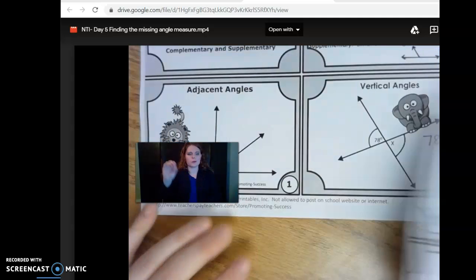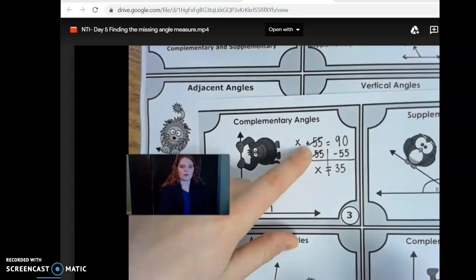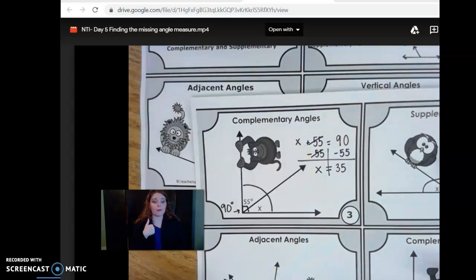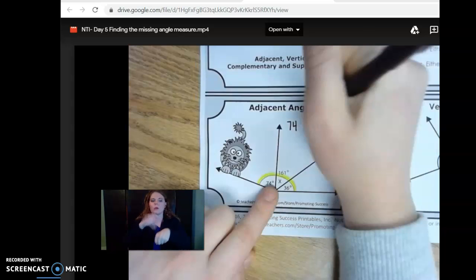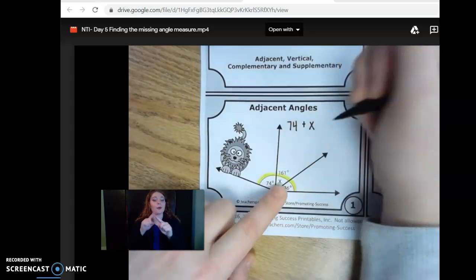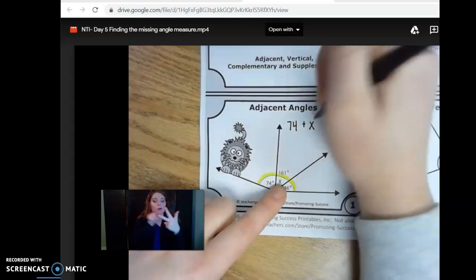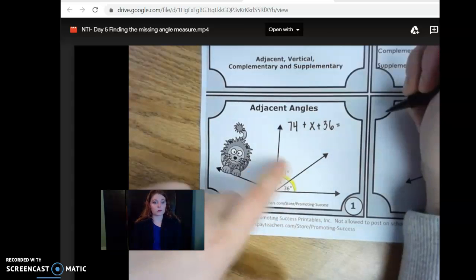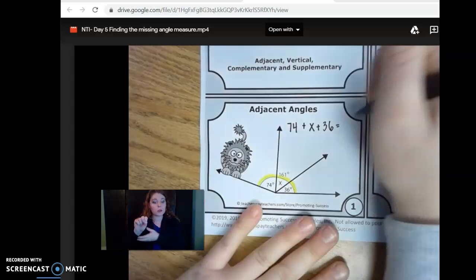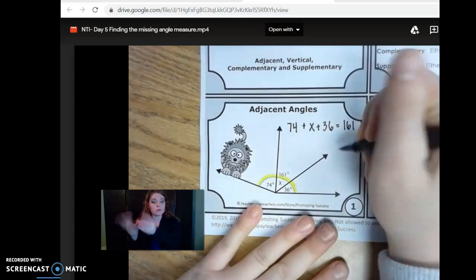I'm going to have 3 things being added instead of 2 with our complementary and supplementary angles. Set it up just like normal. I'm going to add my 3 angles, putting x because I don't know what that one is, and it's going to give me the whole sum of the angles, which is 161 degrees.